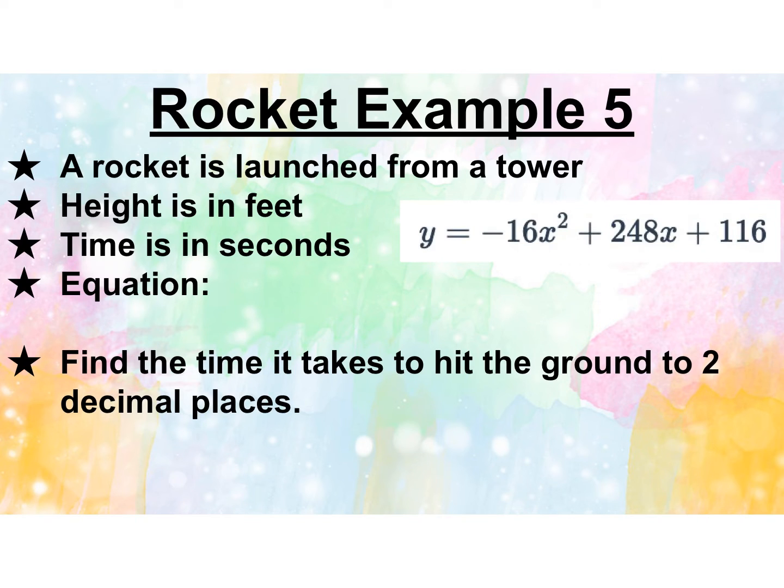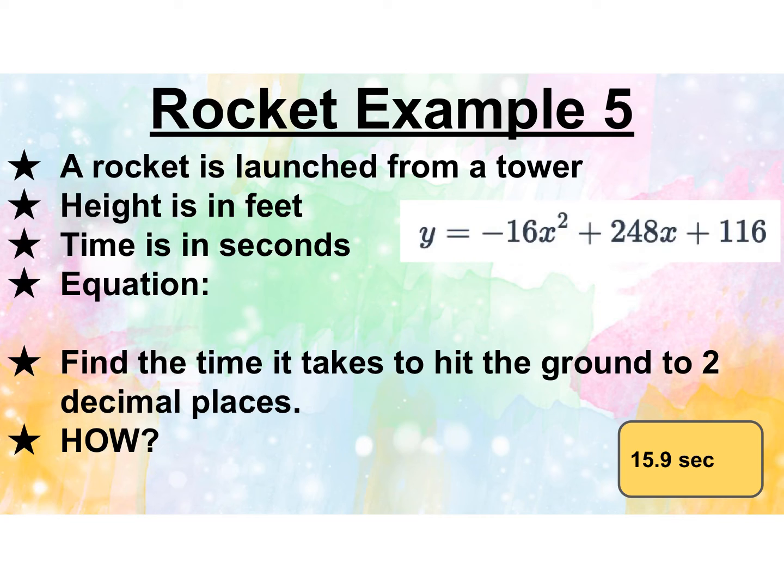We want to find the time it takes to hit the ground to 2 decimal places. So the time that it takes to hit the ground is over here. This is an x-intercept. And when we're trying to find an x-intercept, we could factor, but you can see that these numbers are a little bit ugly. So we're just going to go straight and do the quadratic formula.